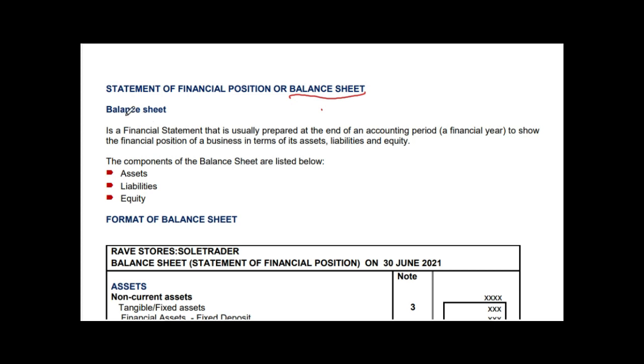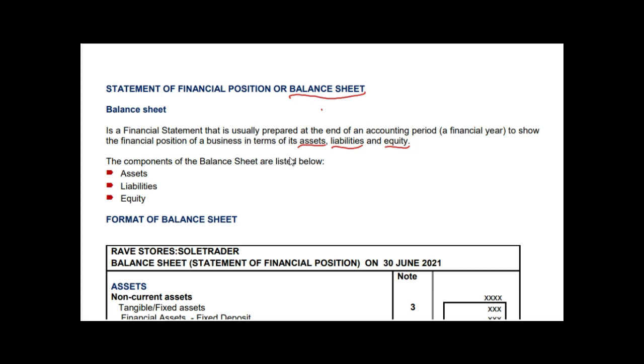So guys, what is a balance sheet? It is a financial statement that is usually prepared at the end of an accounting period, which is a financial year, to show the financial position of a business in terms of its assets, liabilities, and equities.